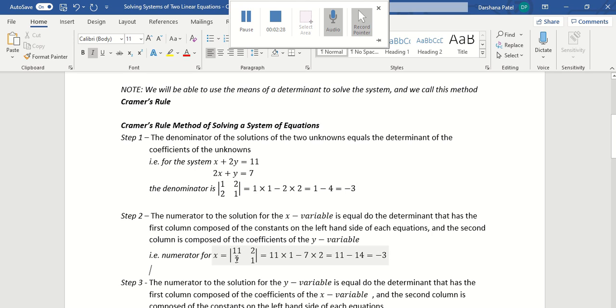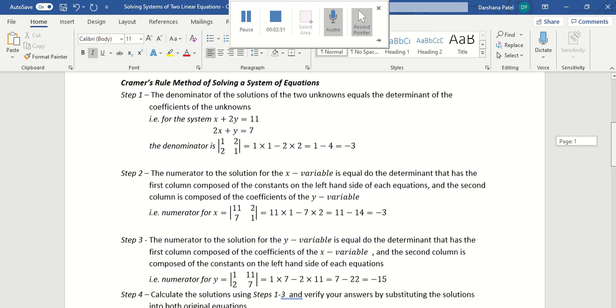The second column remains the same, 2, 1. The determinant is 11 times 1, subtract 7 times 2. So we get 11 subtract 14, which is -3.